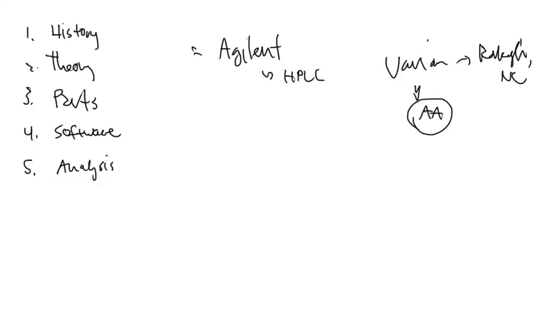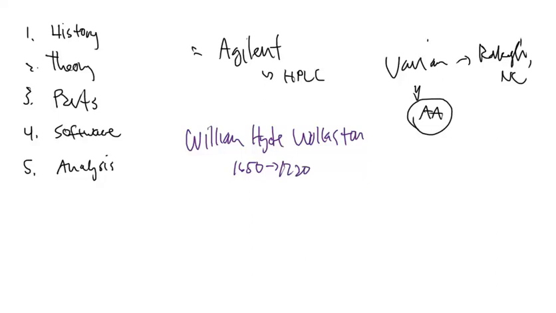So one of the first people to study the field of what I would call atomic absorption or emission at the time is a guy, and his name is William Hyde Wollaston. And he was born in around 1650, and he passed away in around 1720, somewhere in there.